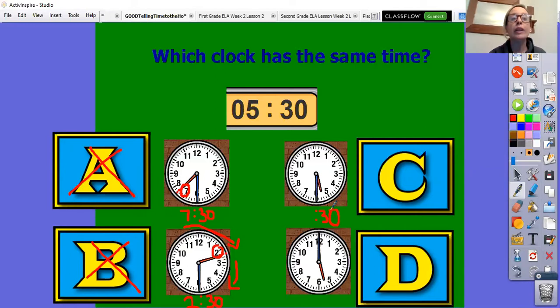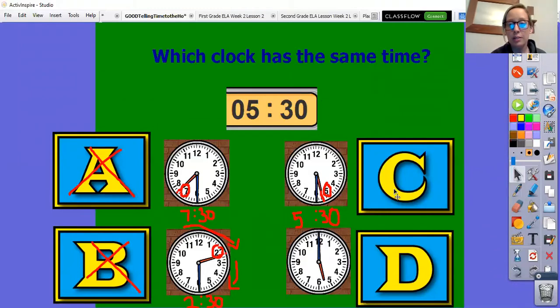And if I'm looking at my hour hand, if I extended that out just a little bit, what's the number that comes right before? Good, the 5. So I'm going to write that in so I know that the time says 5:30. It says, which clock has the same time? 5:30. Does that match up here?